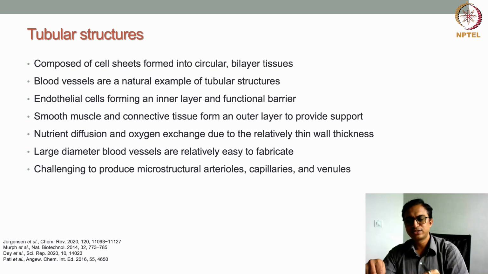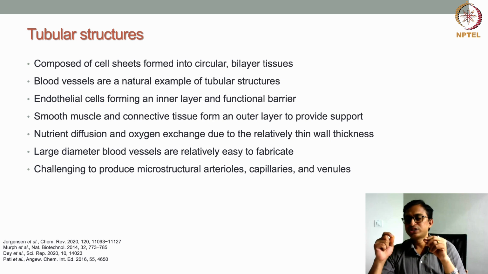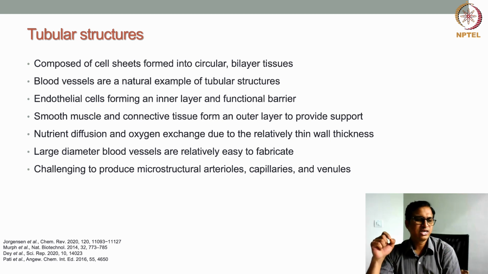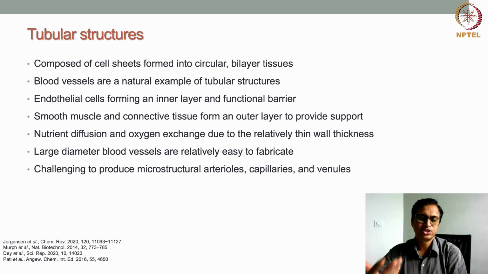Most researchers now are targeting to bioprint those small blood vessels, because they are very important and at the tissue level they supply blood to deeper tissues, where it is very much required. So these are the challenges, and the current focus is to fabricate these kinds of structures with bioprinting.